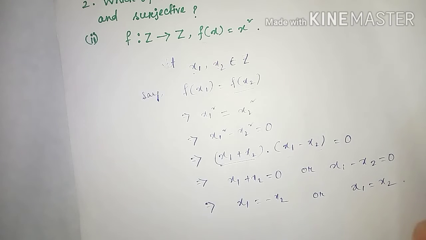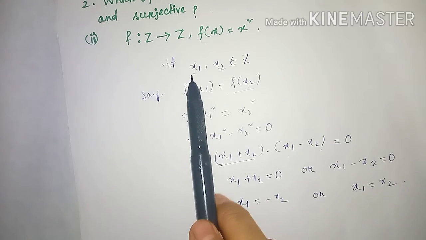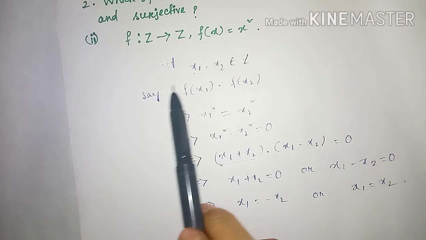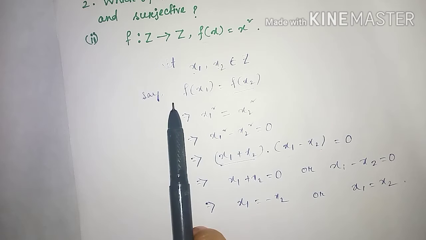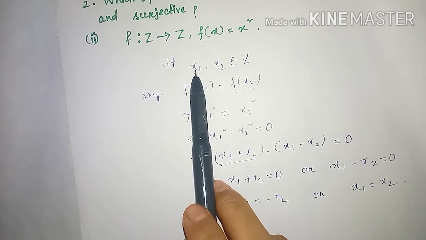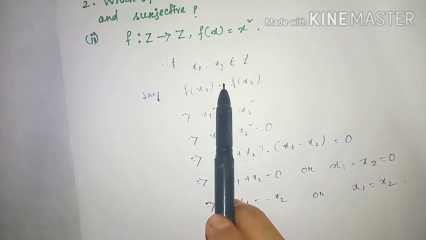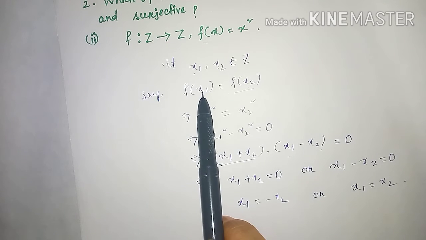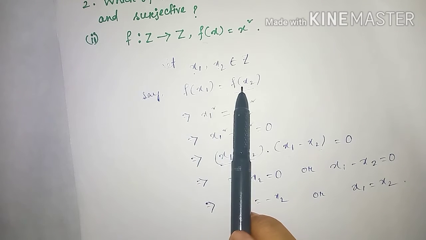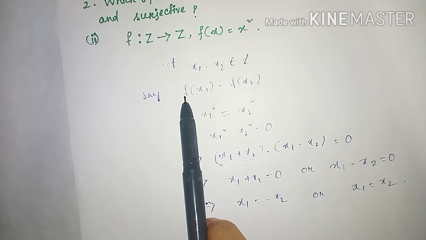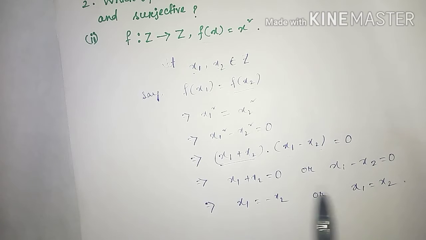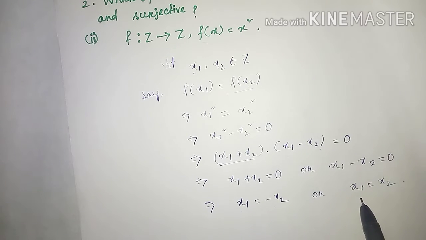We have a process where we take two elements in the domain set, and if we assume that the image of these two elements are equal, and if we finally conclude that the elements are equal, then we can say this function is 1-1 or injective. But finally we have got x1 equal minus x2 and x1 equal x2.